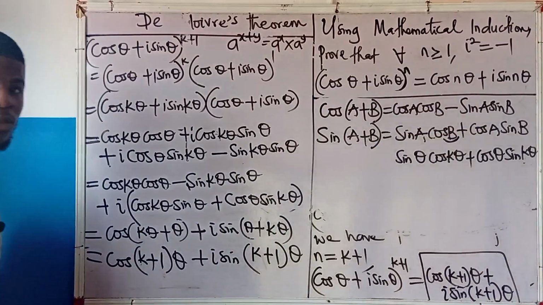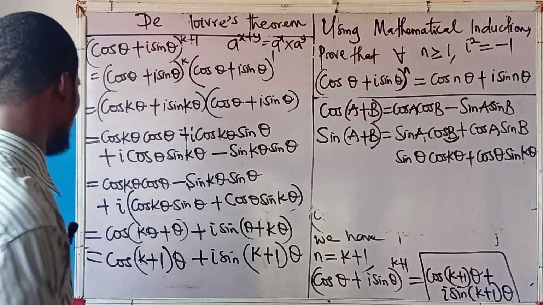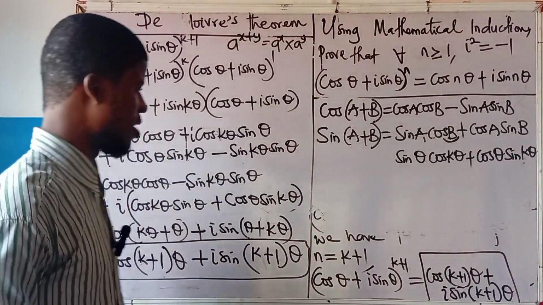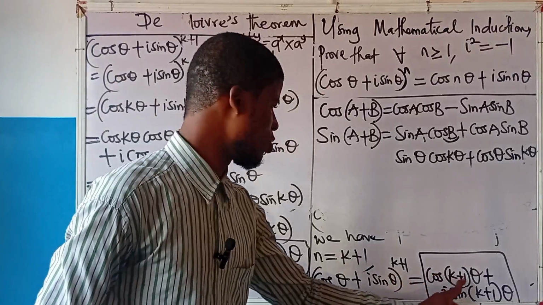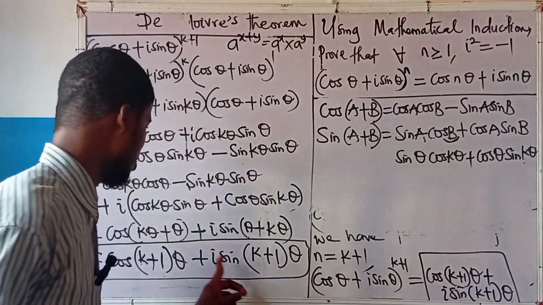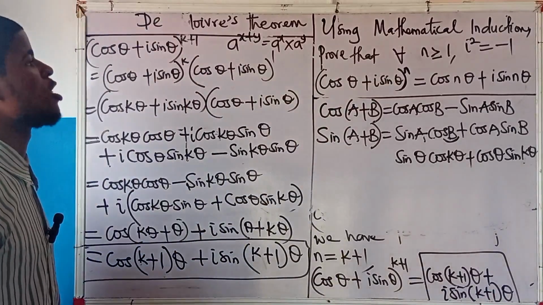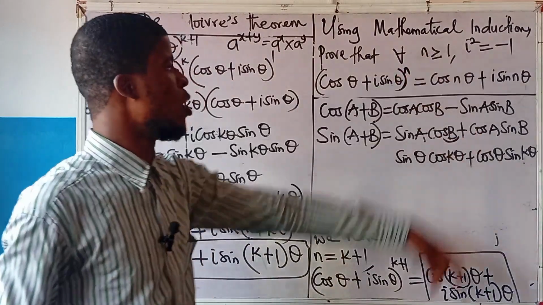But it's still fine, 100% perfect. What do you observe? Everything here is exactly what we have here. Cos k plus 1 theta plus I sine k plus 1 theta. So we have successfully proved de Moivre's theorem for n greater than or equal to 1.